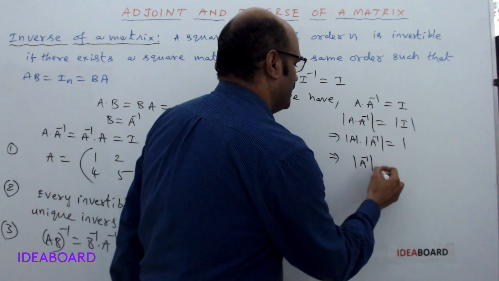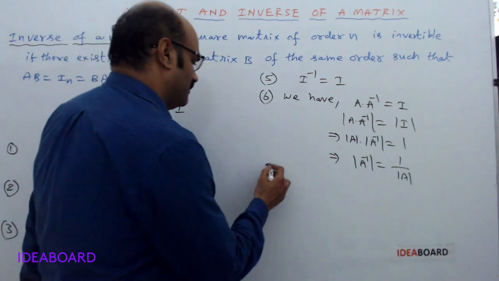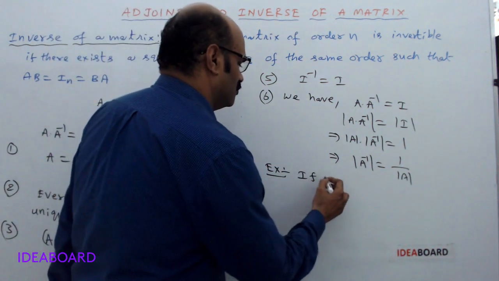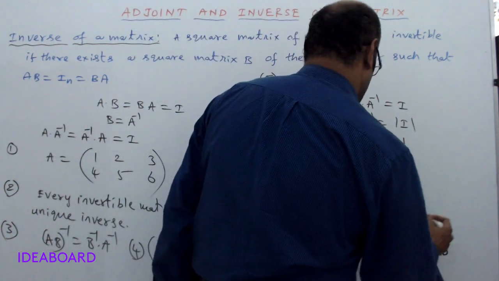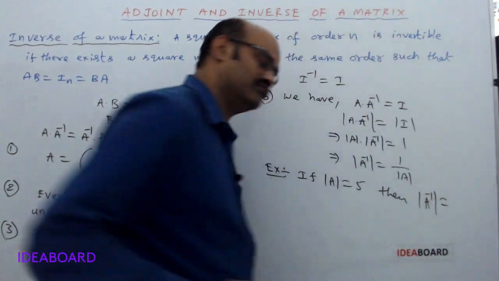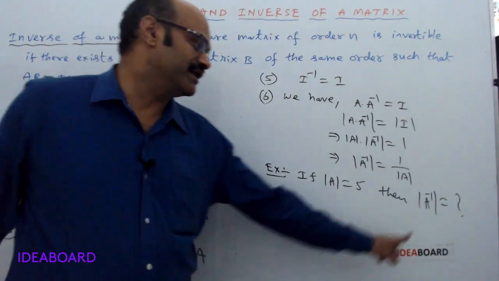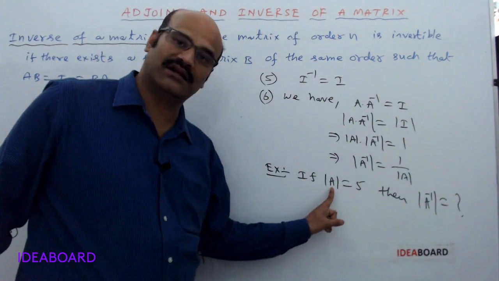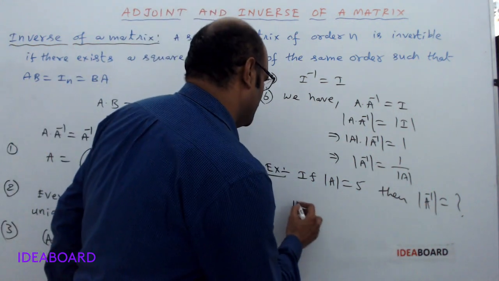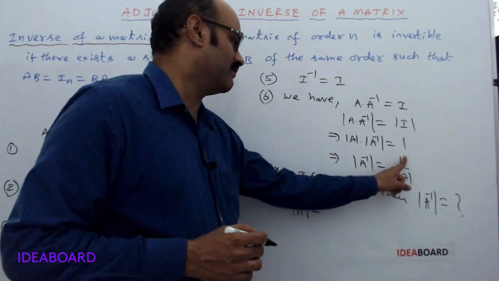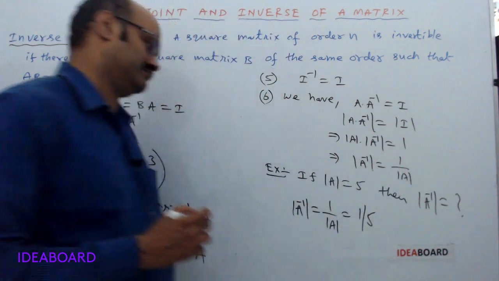Now determinant of A inverse equal to 1 by det A. For example, if det A equal to 5, then to find the determinant of A inverse, the matrix A is not given, so directly we can use the formula 1 by det A, which equals 1 by 5.